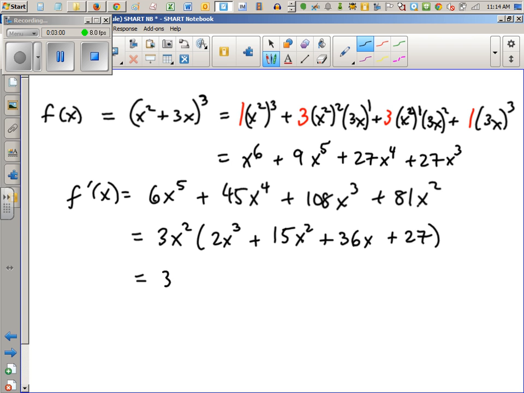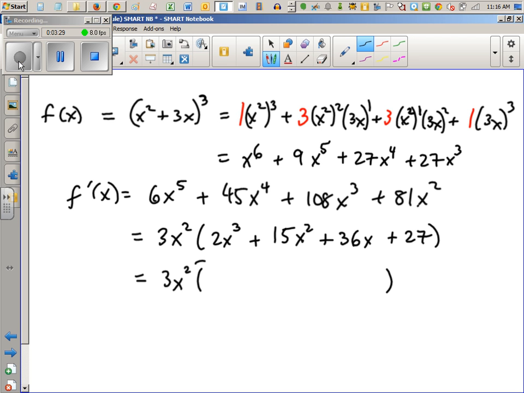Okay, and then this factors on the inside. Does anyone see how to factor that? P's and Q's maybe? You guys remember P's and Q's? Why don't you guys try P's and Q's on it real quick. See if you can get it to factor. I'll pause the video. You try P's and Q's on it.